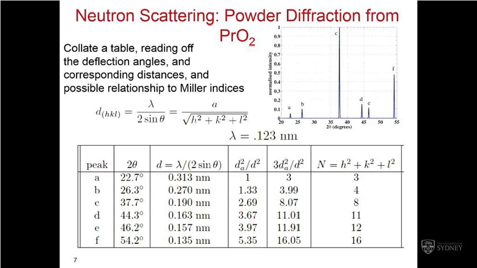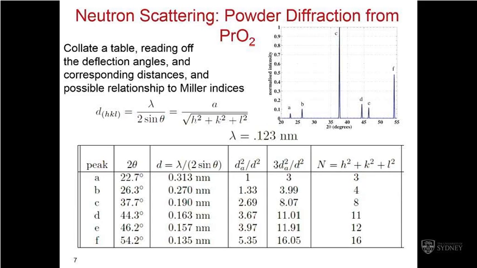Okay, so if you multiply this column by 3, as written up here, we get 3, 4, 8, 11, 12, 16. These little deviations will be your experimental error. And so these are now just rounded up to the nearest integer. And that is equal to h squared plus k squared plus l squared, just from up here.